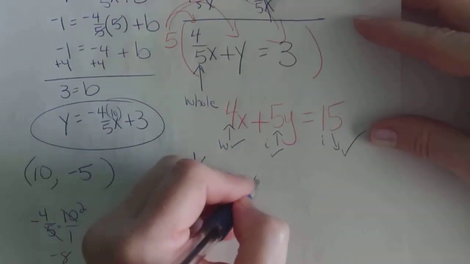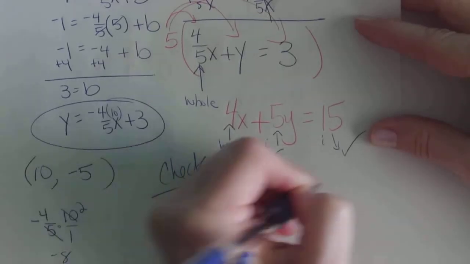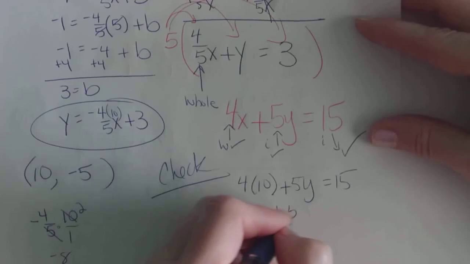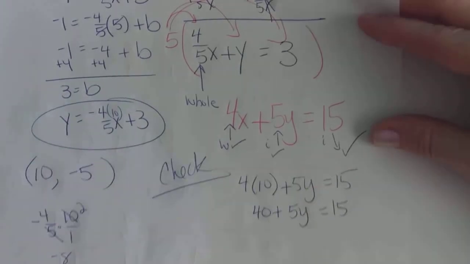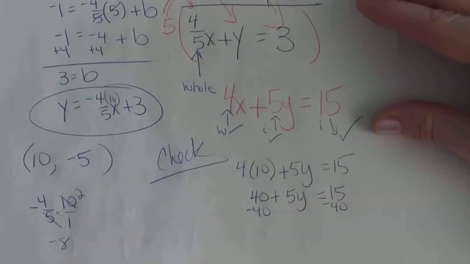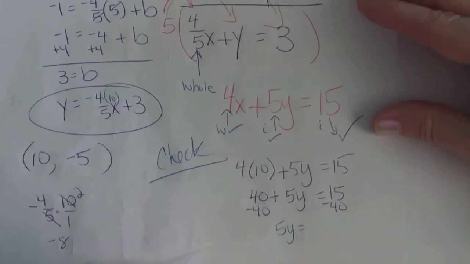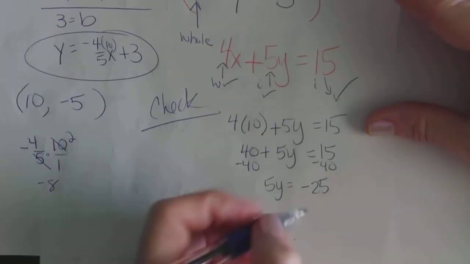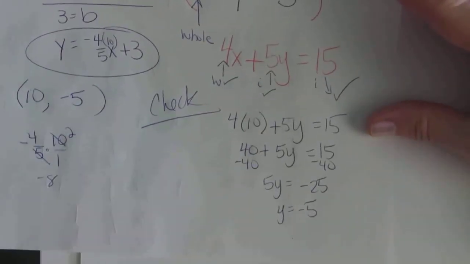Let's see if it is over here too. Let's let x be 10. So that would give me 4 times 10 plus 5y equals 15. That's 40 plus 5y equals 15. I would subtract 40 from both sides, giving me 5y equals negative 25.